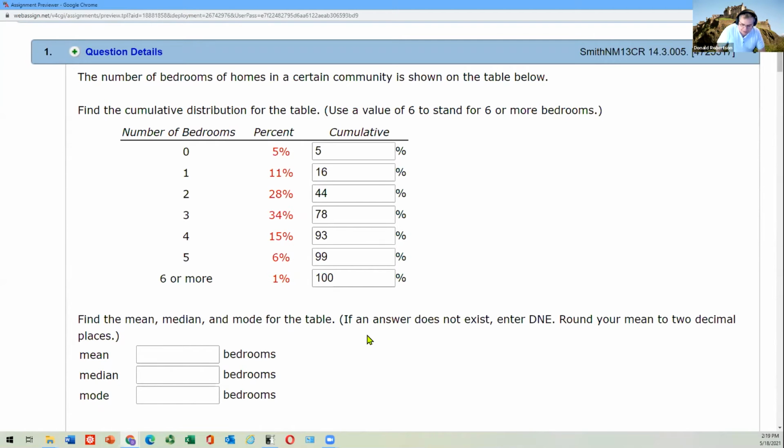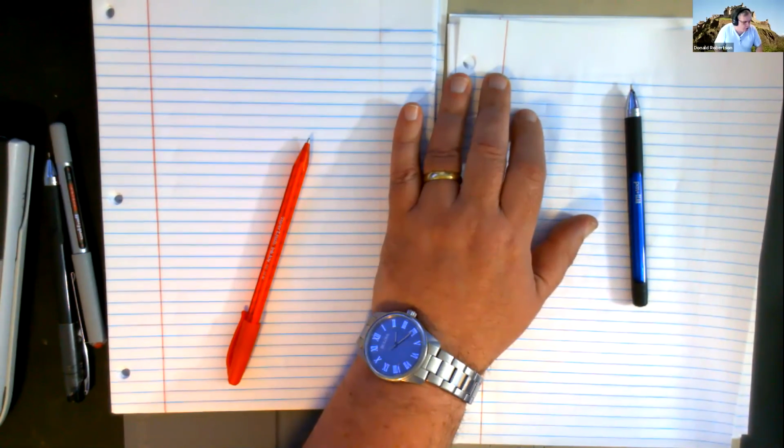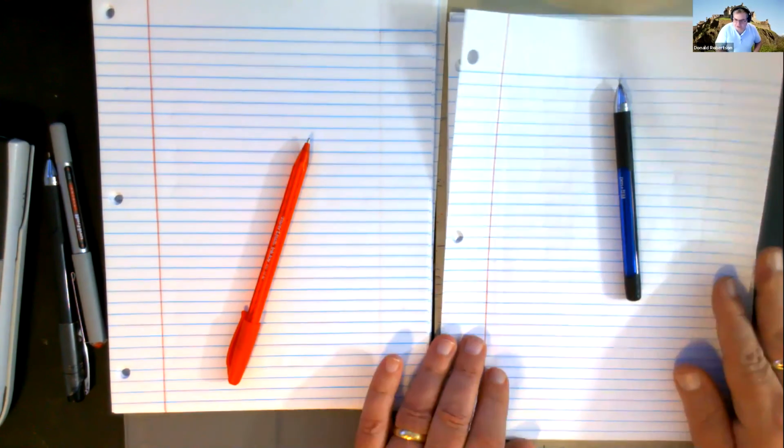So I'm going to go back. The reason why it's a weighted mean is, do you know that this data was percentages? It wasn't exactly, you know, 5 people had 4 bedrooms and 6 people had 8 bedrooms, right? It wasn't raw data like that. And that means that when we try and find out what the average number of bedrooms in this area is, it's a little bit more awkward.